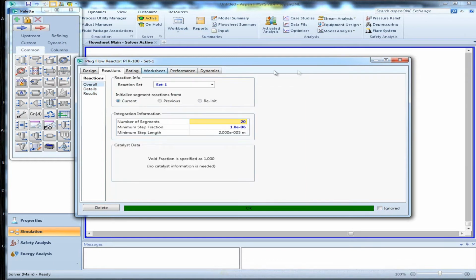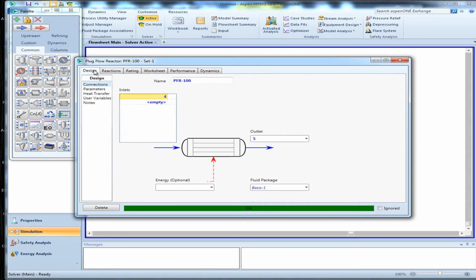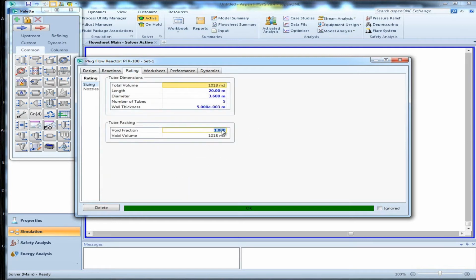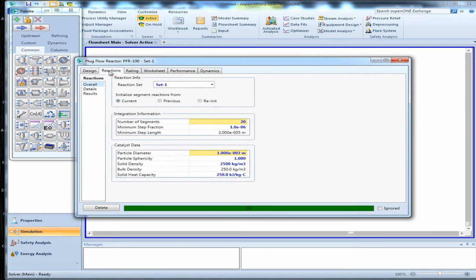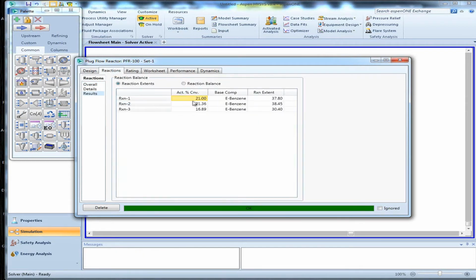So it's nice. Oh, I have to go back because I forgot to put the void fraction 0.9. Okay, that will be a little bit off. Okay, this change, keeping it a little bit lower.